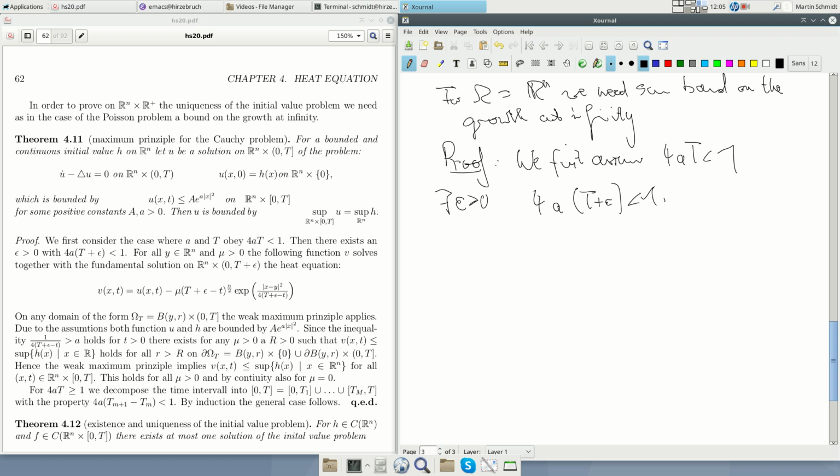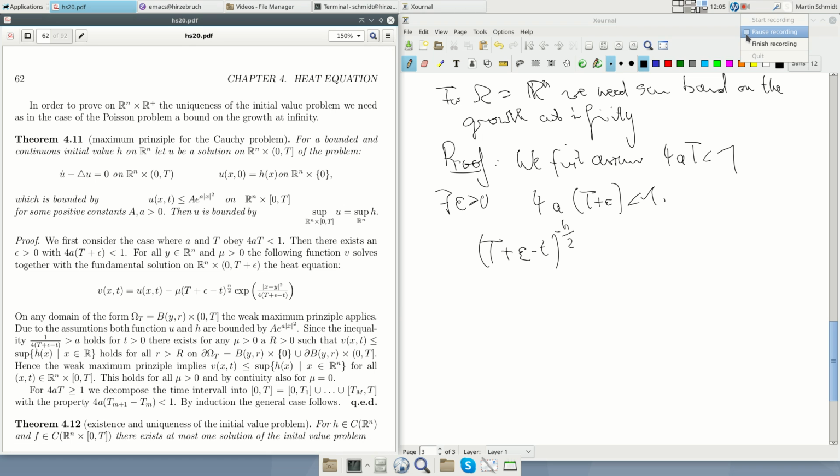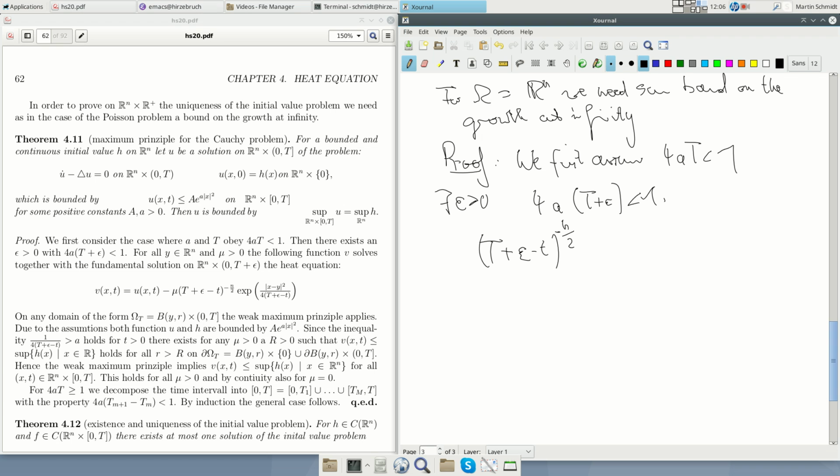We look for this function (t plus epsilon minus t) to the power minus n half. Oh, here's again a mistake. Let me correct. So I claim that this times the exponential of minus |x minus y| squared divided by 4 times (t plus epsilon minus t) solves the homogeneous heat equation.